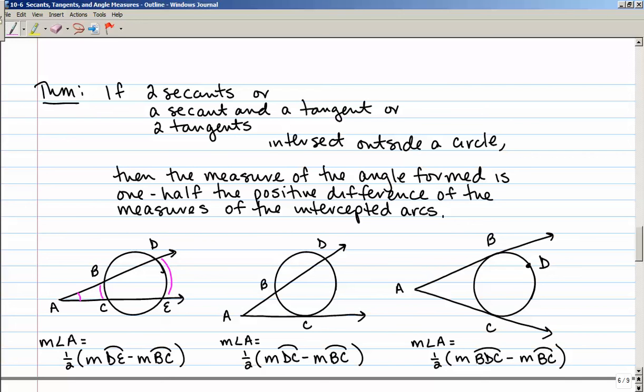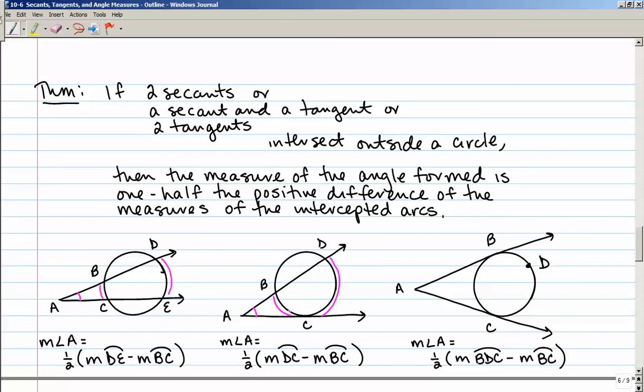Second diagram, we have a secant line, which is AD, and we have a tangent, which is AC. And again, they meet outside the circle. So the measure of angle A is 1/2 of the measure of arc DC minus the measure of arc BC.